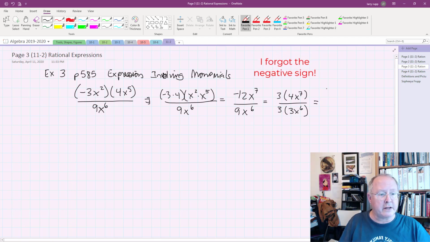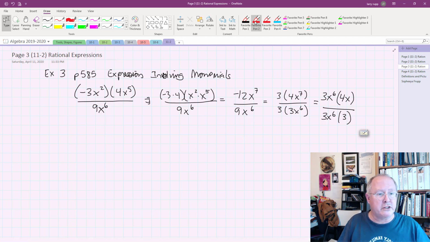So we can further factor this then by taking out an x to the 6th. Okay? So when we take an x to the 6th out of 4x to the 7th, we're left with 4x. And when we take 3x to the 6th out of the denominator, we're left with 3. So this, I'm going to switch pen colors, just this and this cancel.